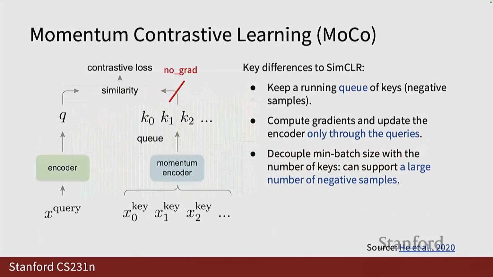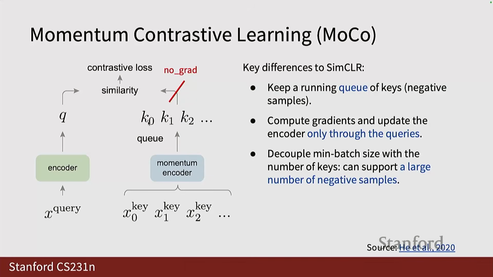And that was why a number of follow-ups, for example MoCo, momentum contrastive learning, were proposed. Instead of using all of the negative samples in the batch, it creates a queue and keeps a history of the negative samples across batches over time in the model.